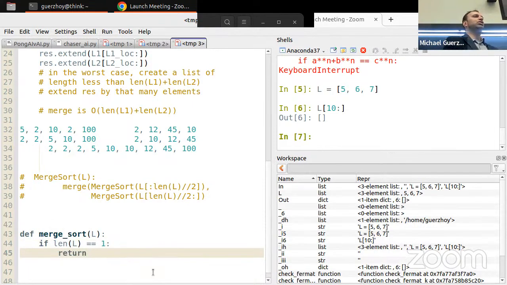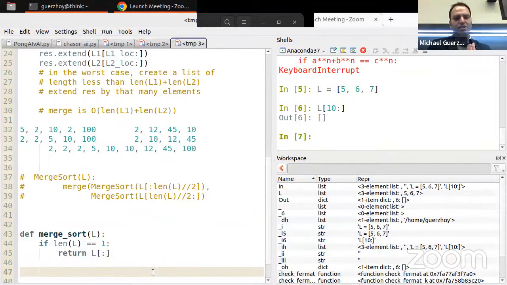So we want to return a copy rather than the original. The reason we want to return a copy rather than the original is that if you return the original and say, oh, that's sorted, then the client, which might be the function itself, might then change the result, and that as a result will also change the original list. That would be unfortunate. Does that make sense?